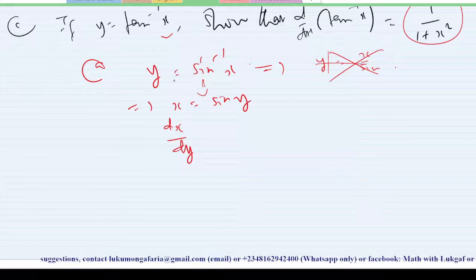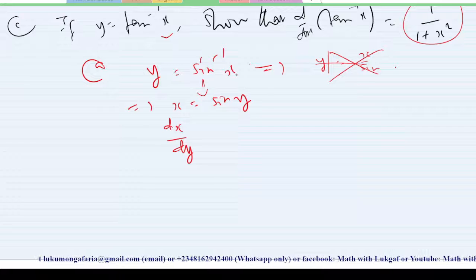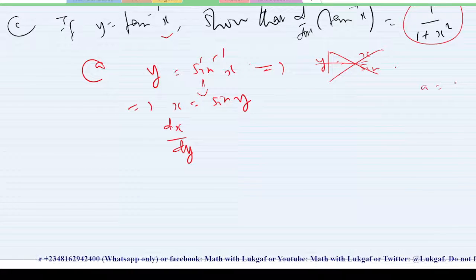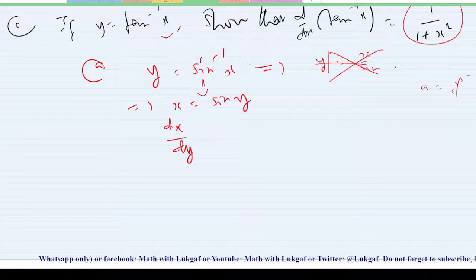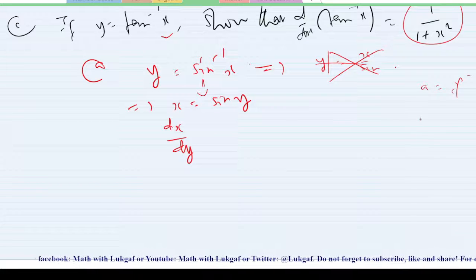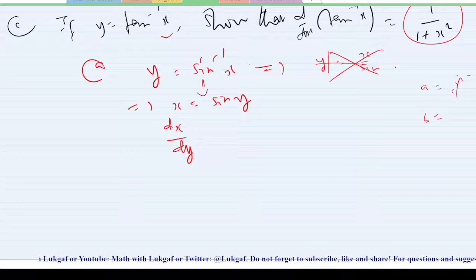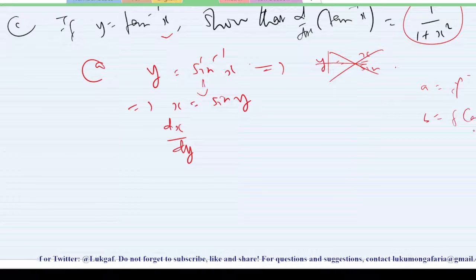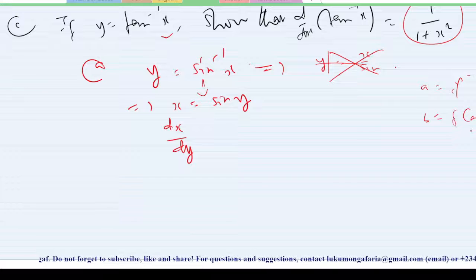So just know that if your y is equal to arcsine x, for example, if my a is equal to f inverse of b, then automatically my b will be f of a. You understand now? So that's how we obtain this here.